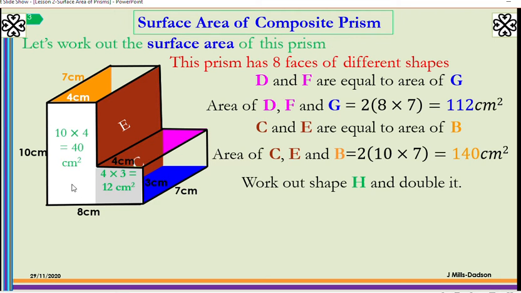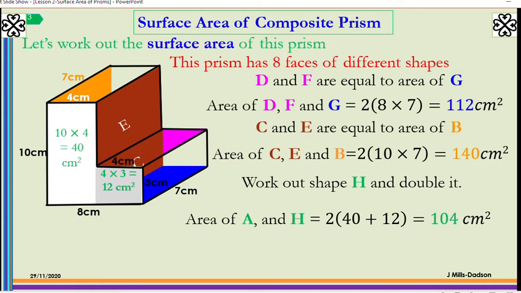So the L shape itself is 40 plus 12. Then we double it because there's one hidden at the back. So that will give us 104 cm squared. So the total surface area is 112 plus 140 plus 104.